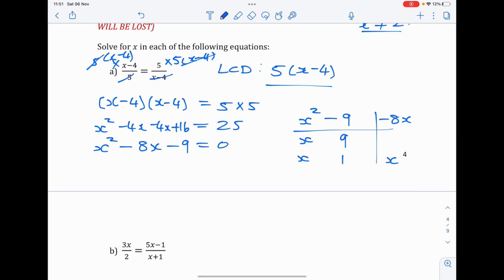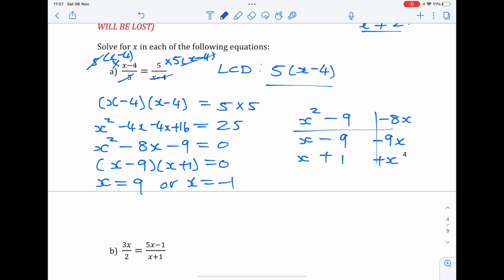So it's 1x there and 9x there. It would have to be a minus 9 plus 1 to get us to minus 8. Swing over those signs, and there are our two factors. And then we have x equals 9 or x equals minus 1.